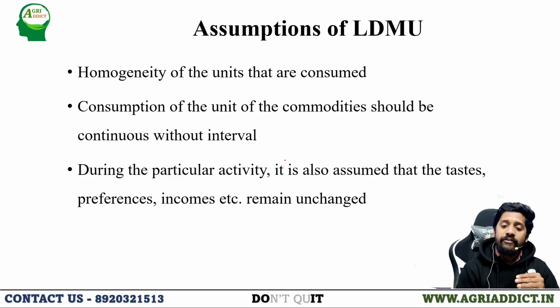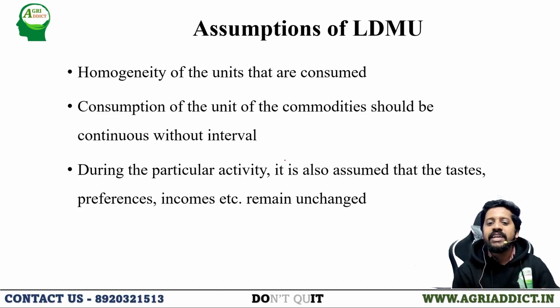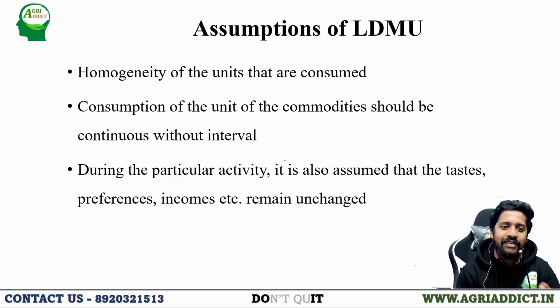So when I consume the fourth unit, the utility level will be much higher than that of the previous units, because all three units I was consuming continuously, and the fourth one was after an interval. So the law works only if the units of the commodities are consumed in a continuous fashion.